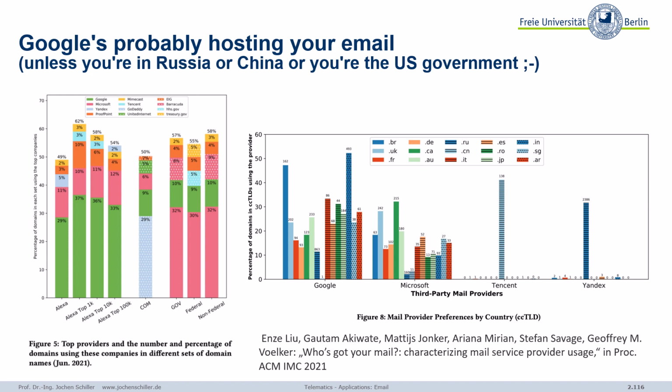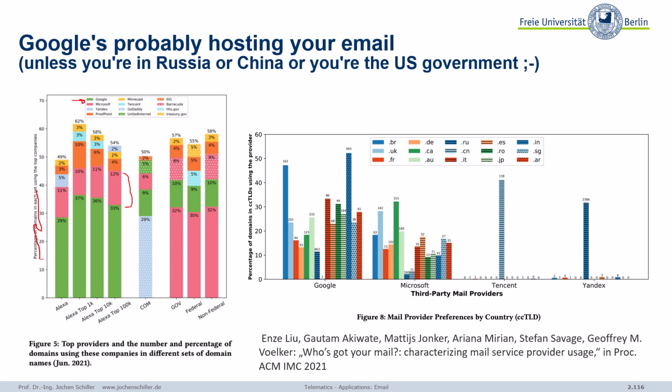So if you look at that, Google is the green part, and you can check the percentage of domains in each set. Depending on what you look at, it's something like about 1/3 of all email is with Google, the green one, followed by 10 to 12% Microsoft, etc.